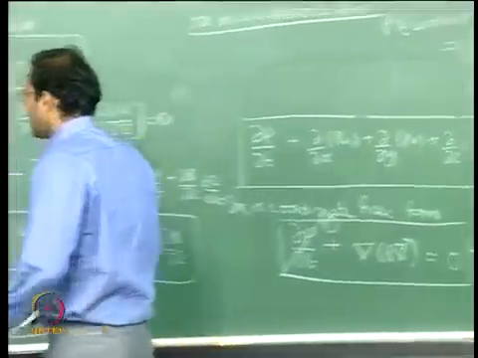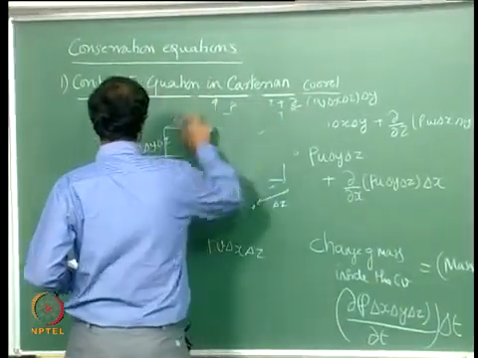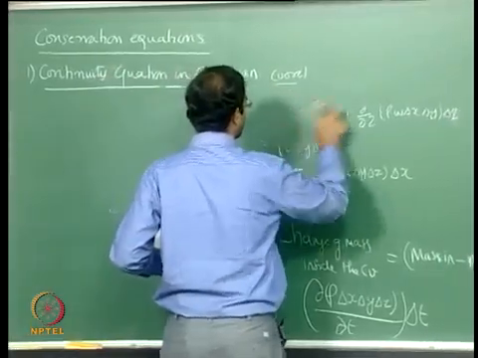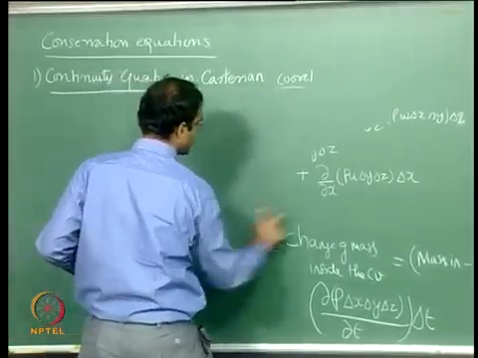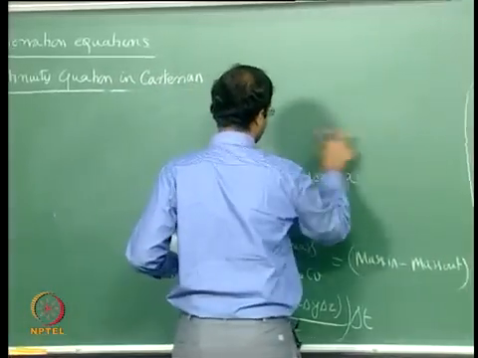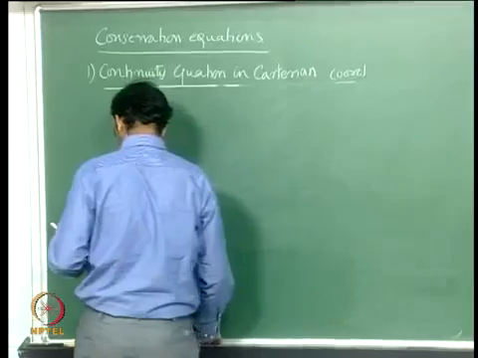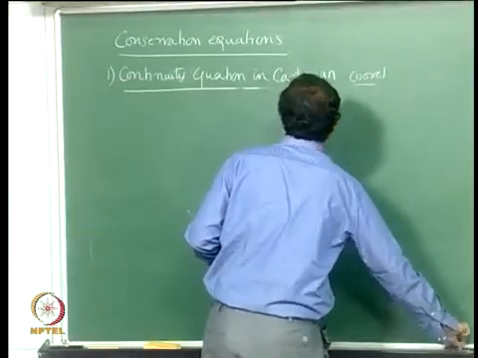We can also, starting from fundamentals, derive the continuity equation in the other coordinate system. I will just do this derivation in the cylindrical coordinate system for continuity to give you an example. So let us define the control volume for the cylindrical coordinates.